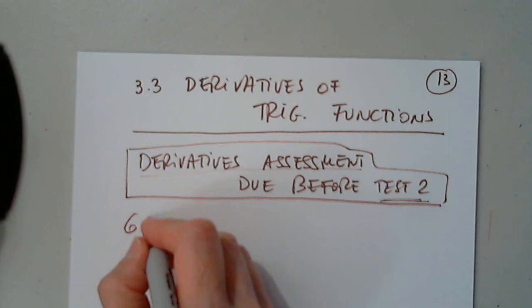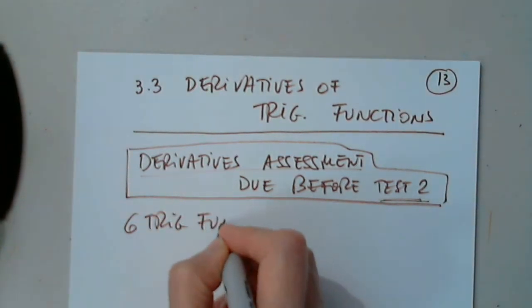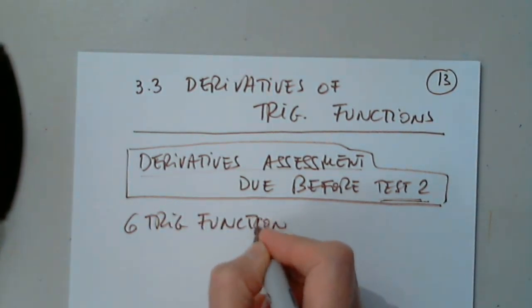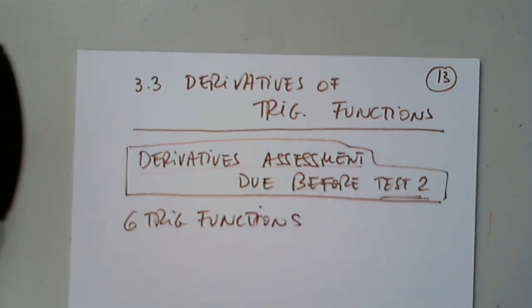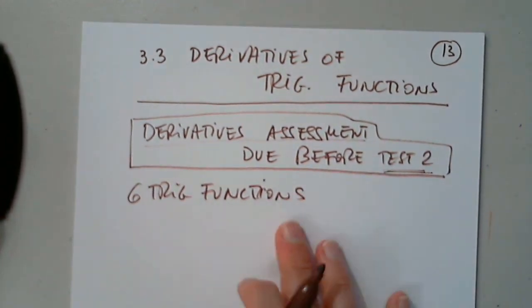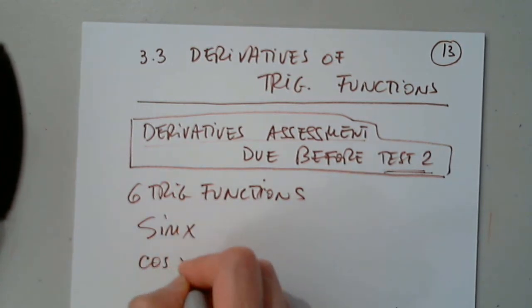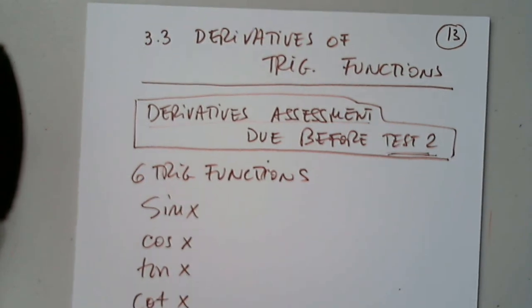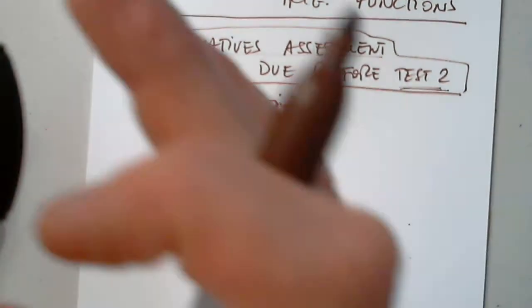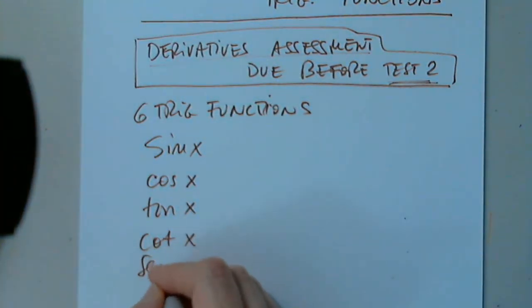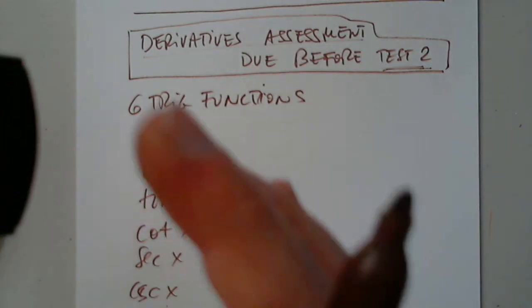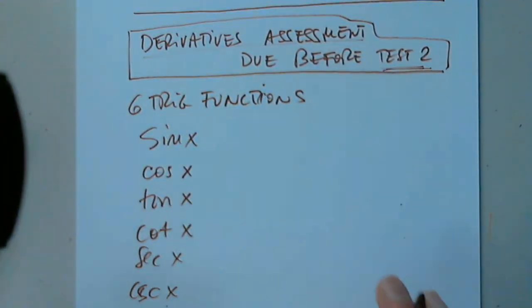So we have 6 trig functions, and of course their inverse functions, etc. But for now, we're talking about the 6 trig functions: sine, cosine, tangent, cotangent, secant, and cosecant. We can prove any of them.